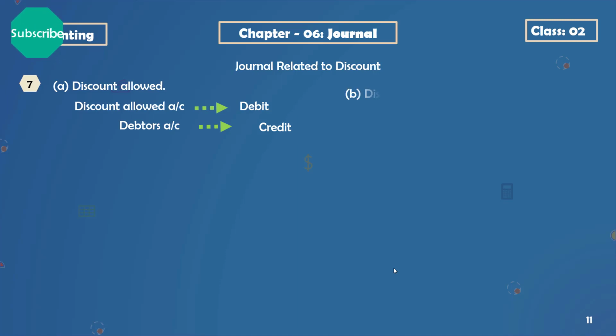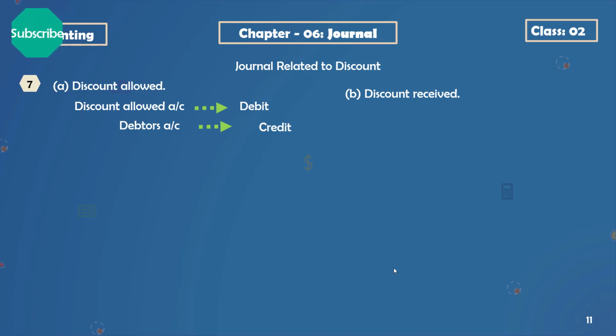And B, discount received. You receive discount when you pay your debt to your creditors, and he or she allows you some rebate on the debt.